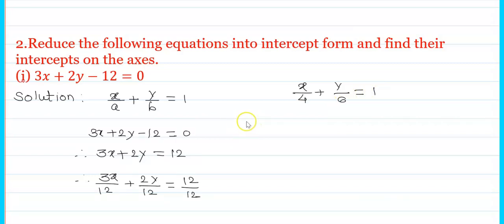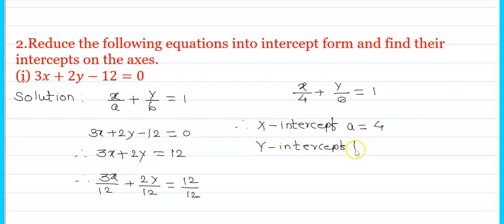Therefore the x-intercept a = 4, and the y-intercept b = 6.